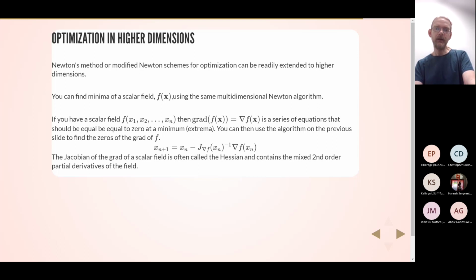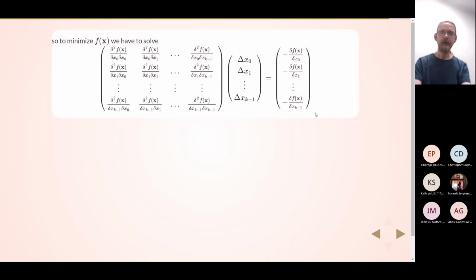And you want each of those components to be equal to 0. That's the equivalent of the derivative being 0 in the one dimension case. So the partial derivative with respect to each coordinate will be 0. And you can write this out. It kind of looks like that.